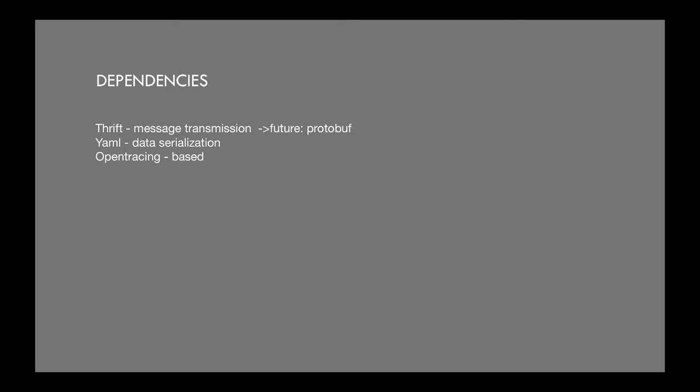There is Thrift, a message transmission protocol, and in the future, Jaeger promised to move to Protobuf by Google. And Jaeger is using YAML to do the data serialization in order to ship that data efficiently across VMs or across distributed systems. And it is also an OpenTracing based project.